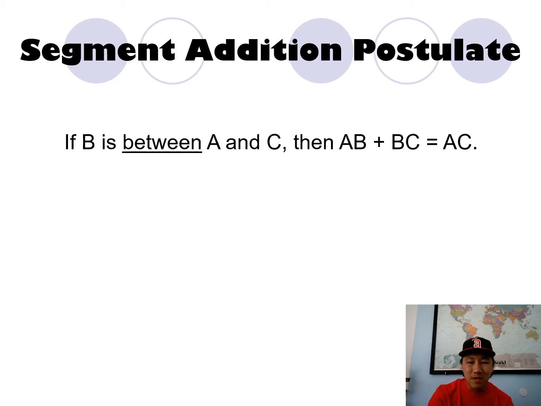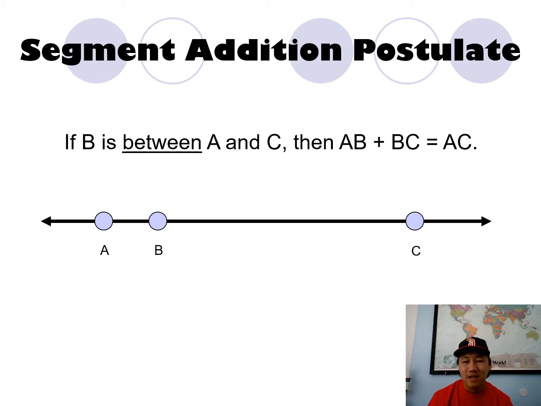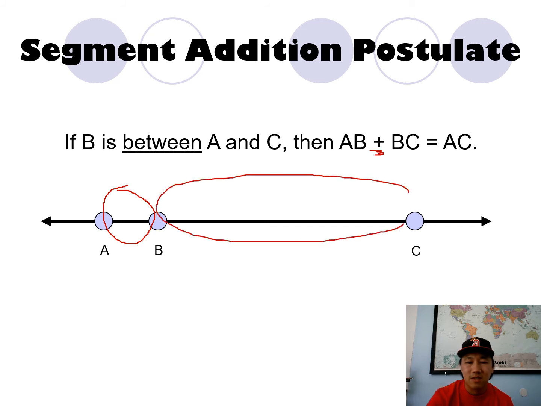If there's a point B, and it's between A and C, so let's go ahead and draw A and C. So obviously B is between A and C. Then the segment AB, this piece, if you add it to BC, this piece, then you should get the whole piece.